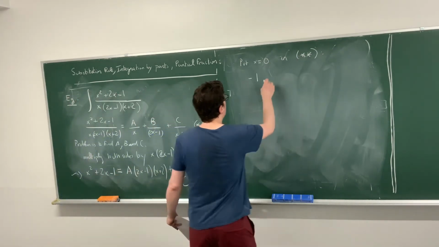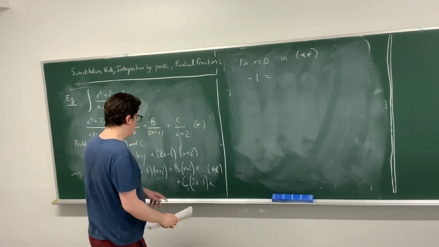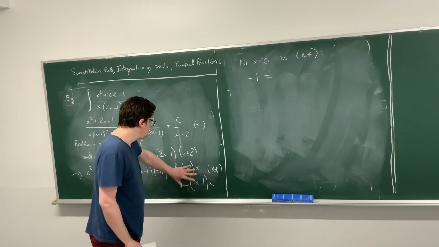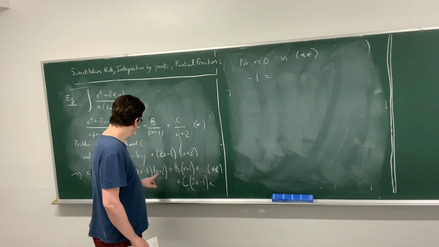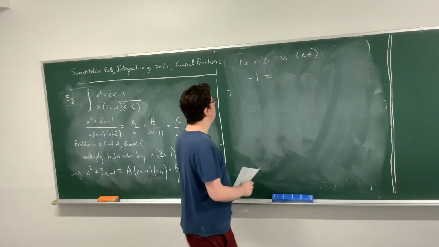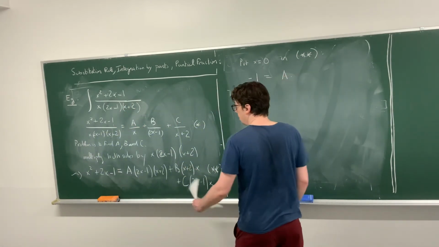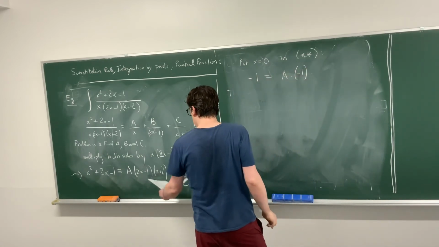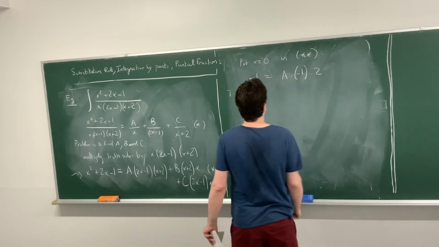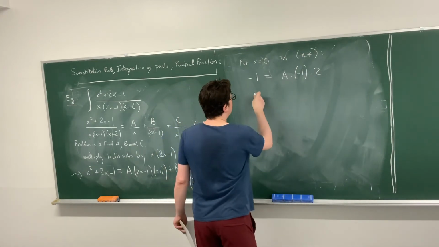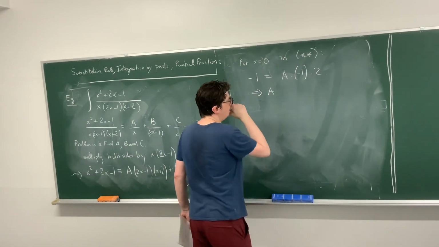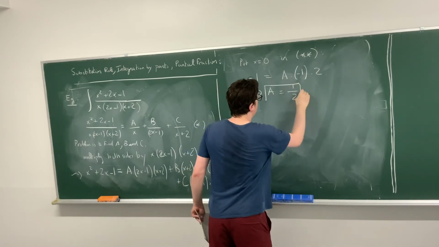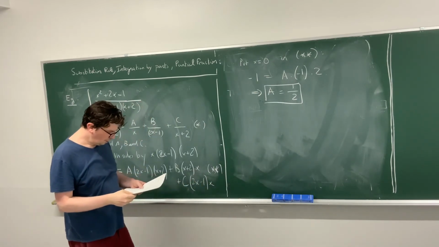And then here, what is happening? Well, everywhere where x was a root, this is equal to 0. And then here, you will get a times minus 1 times 2, right? And as you can see, you can find easily your a, so a is equal to half, right? So this is cool.